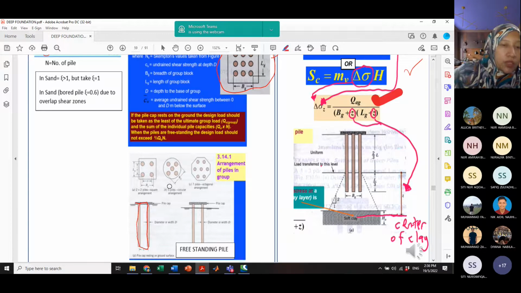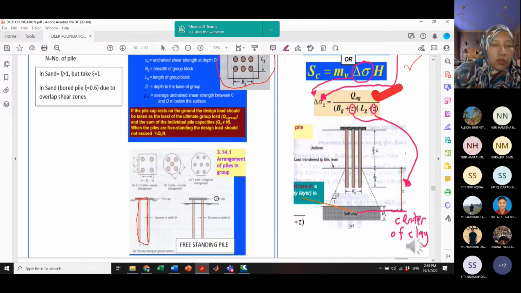And then kalau you ada 5 numbers of piles, so it is recommended to have these positions of piles, dua in the first row, and then second row will be having 1 pile, and the third row will be having 2 piles, so that we can produce a circular pile cap. So the circular pile cap ataupun whatever, it depend on the piles number dan juga arrangement. So dia ada details calculations lah untuk you estimate the positions ataupun the arrangement of the pile.